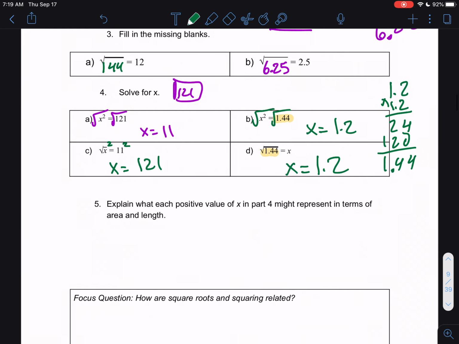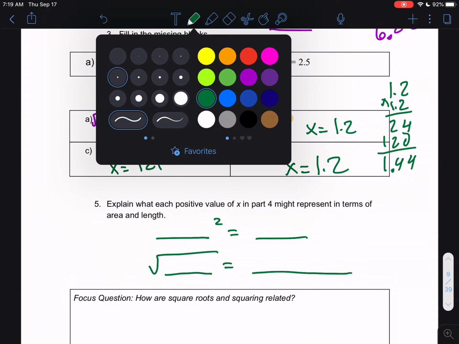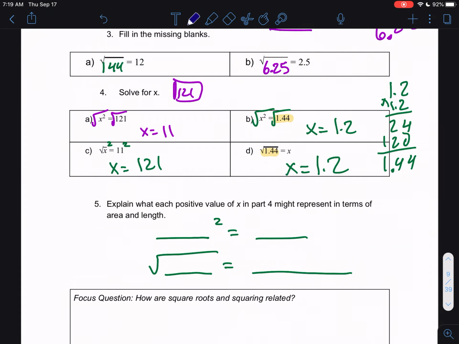Okay, so go ahead and take a minute and try, with all those times I've mentioned side lengths and area, to fill in. I'm going to do some blanks to scaffold. Blank squared equals blank, and the square root of blank equals blank. Go ahead and think about what could go in those blanks. What does that mean? Okay, we're back.